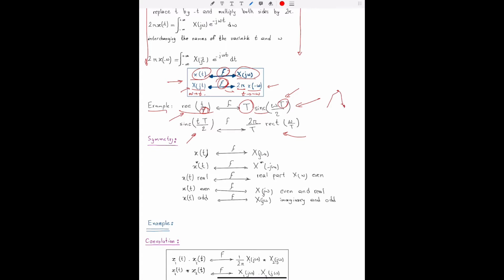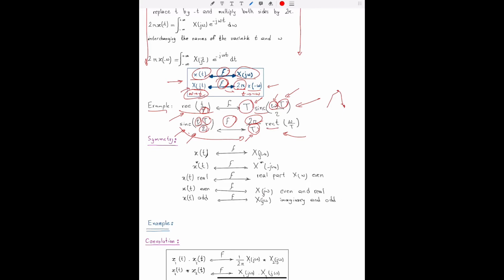We find those by replacing omega with t. So we have sinc of t capital T divided by 2. If we take the Fourier transform of that, it will be 2 pi multiplied by, and this capital T here we bring to the denominator.